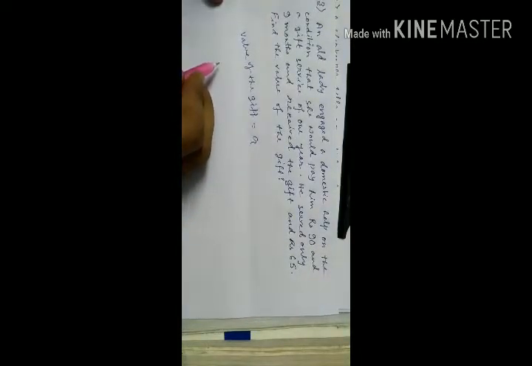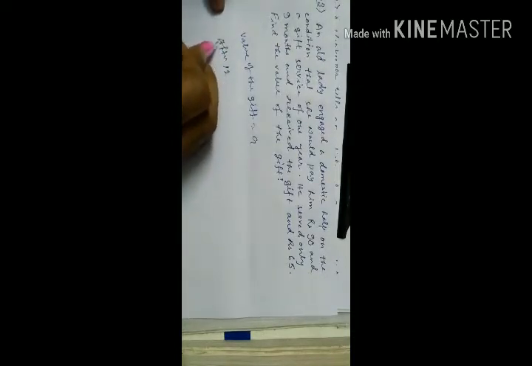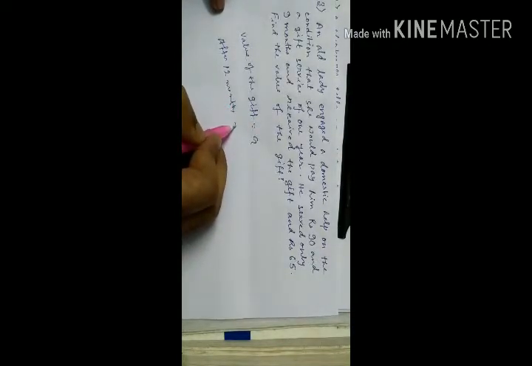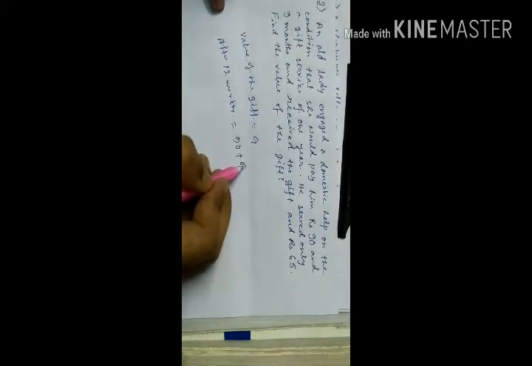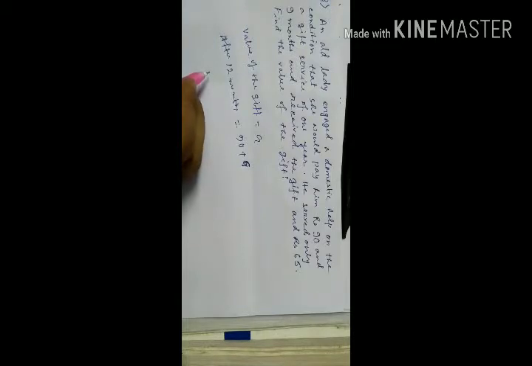Then the 12 months compensation: after 12 months he would pay 90 rupees and a gift, that is 90 plus g. And after 9 months he would pay a salary.